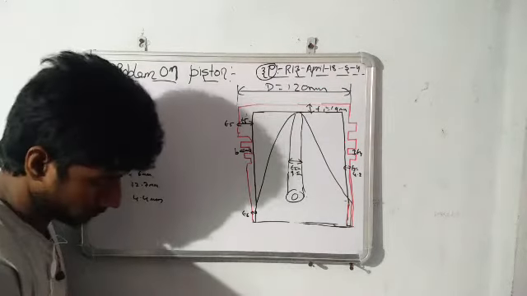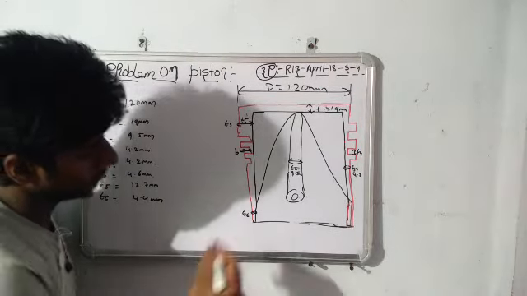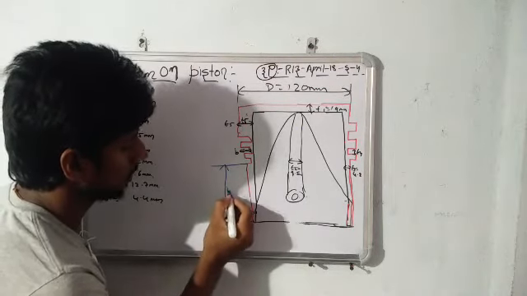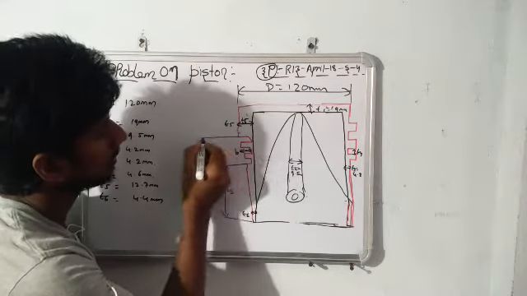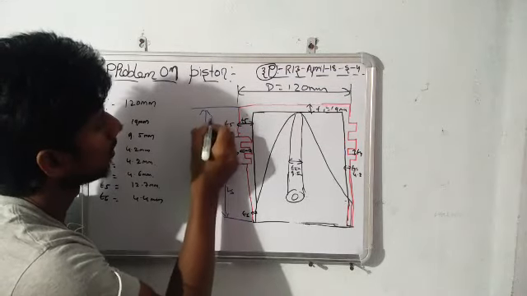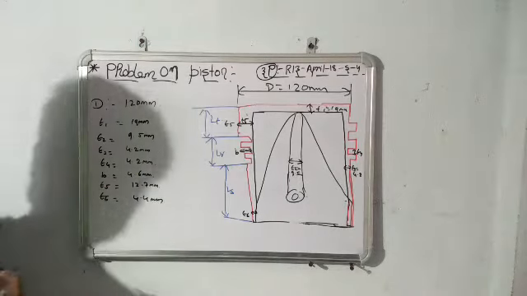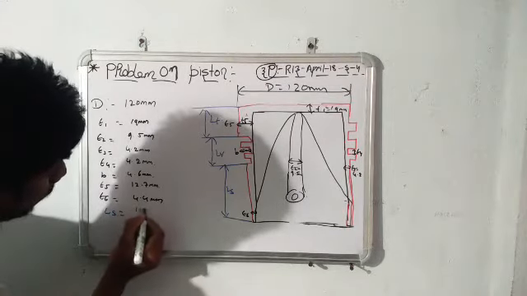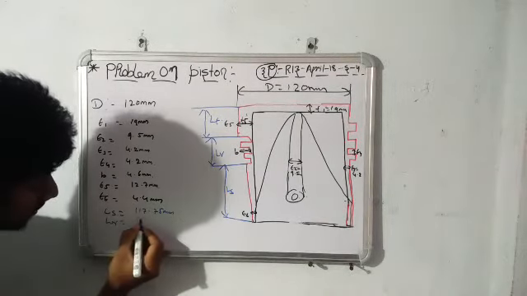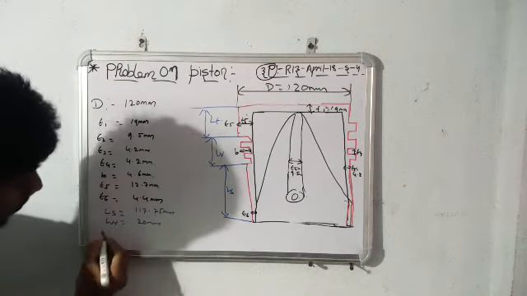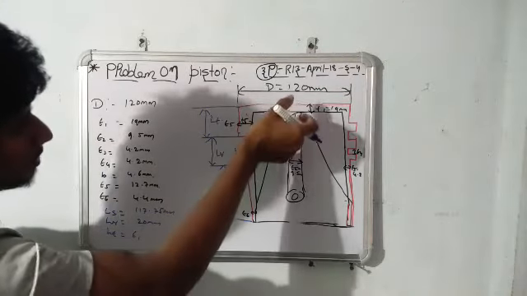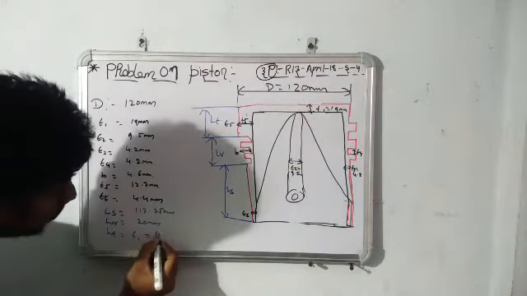After that, we have the length of the skirt LS and the length of the ring section LR, and the length of the top land LT. Here the length of the skirt equals 117.75 mm, the length of the ring section equals 20 mm, and LT equal to T1, that is 19 mm.